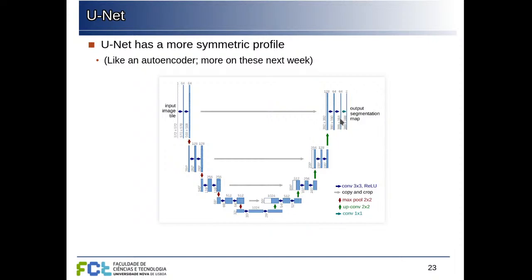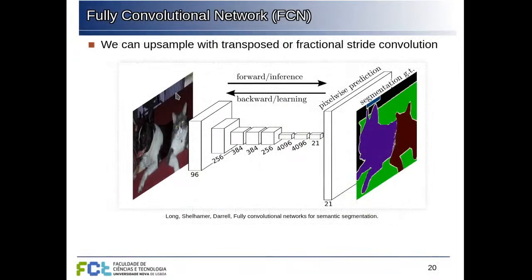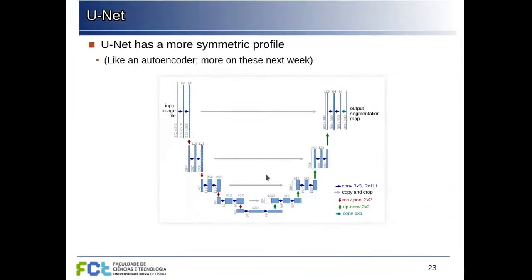Now, this is one difference with respect to this fully convolutional network, because it's now a symmetric encoding and decoding, and not just doing almost all the work here and then only in one step going back to the original resolution. Another difference is that UNet uses these skip layers, where in this decoder part, where we are increasing the resolution, we are also receiving as input a copy of the feature maps that were produced in this downward path here.